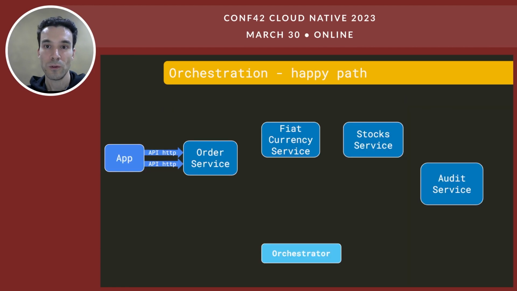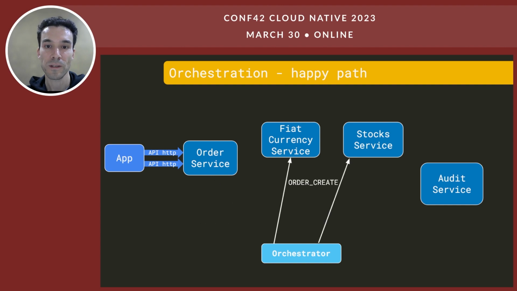Okay, now let's review the orchestration Saga pattern applied, and we will start with the happy path. Communication between services will most likely be with the help of a message broker again, but all the decisions will be made in our orchestrator service. The order service first emits an order create event.